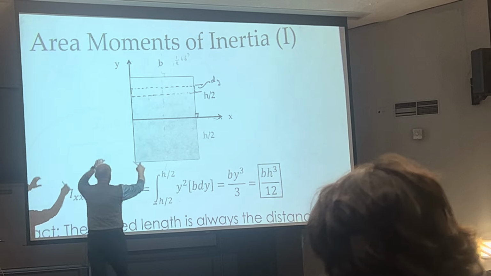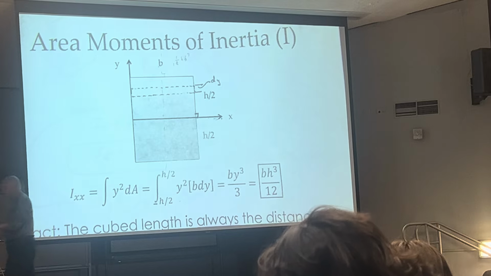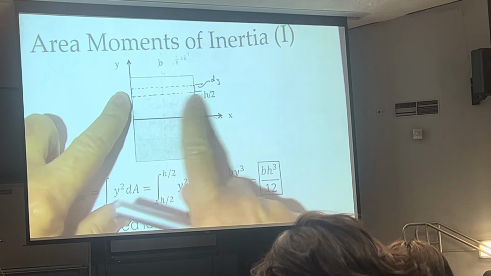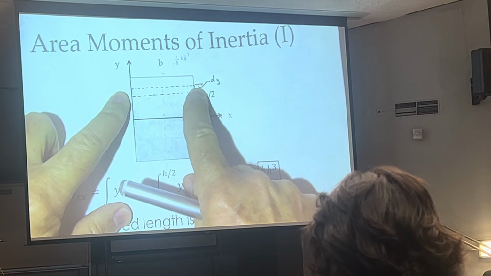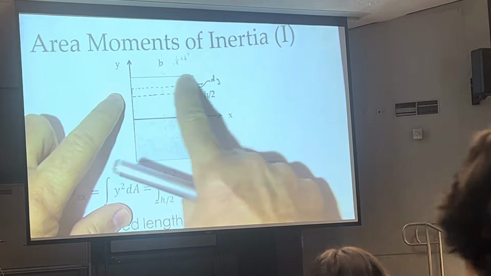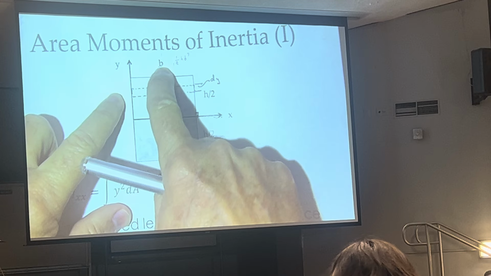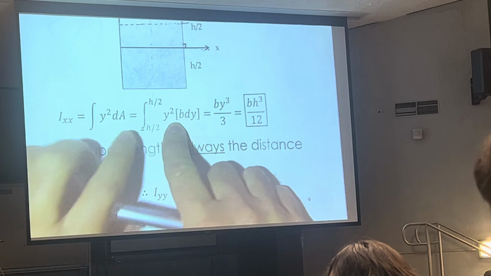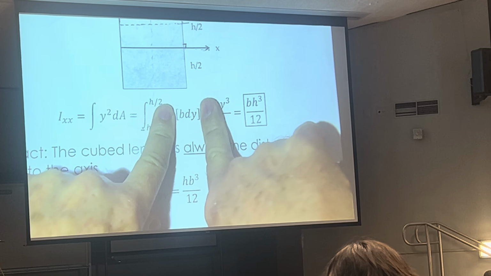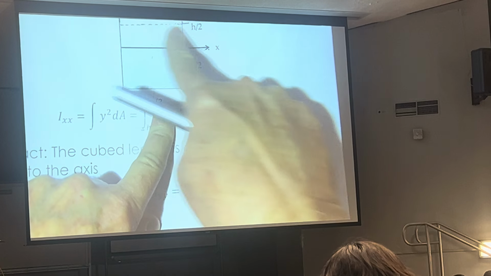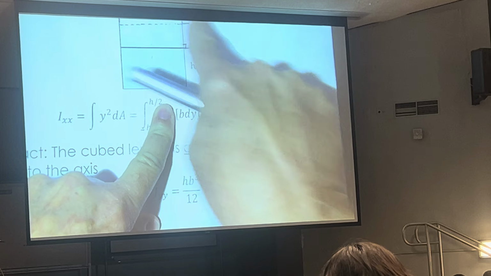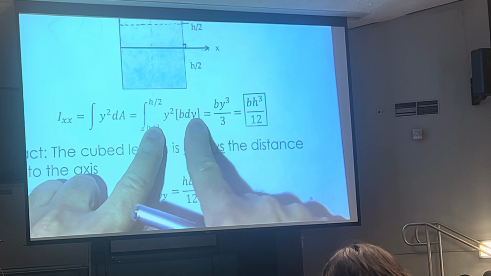I'm going to create a little strip right here, and I'm calling the height dy. The length here is b. So it's y squared, and dA for this little elemental strip is dy times b, or b times dy.